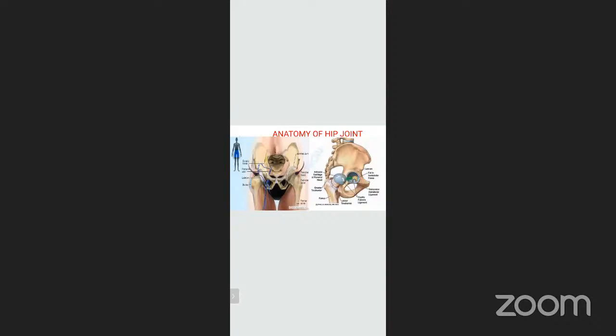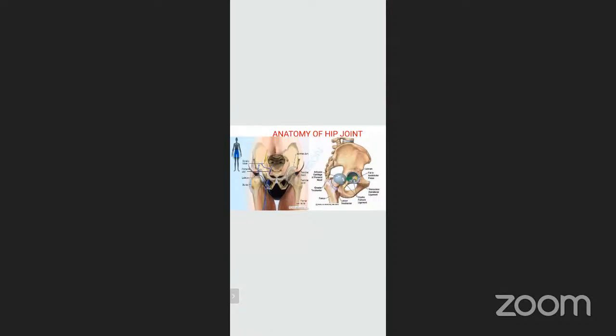Okay, we were talking about the hip joint anatomy. The hip joint is formed by the acetabulum, which is a depression in the pelvic bone, and the head of the femur, the proximal part of the femur, which is surrounded by a capsule, which in turn is surrounded by strong ligaments. The strongest ligament in our body is called the iliofemoral ligament, present on the anterior aspect of the hip joint.